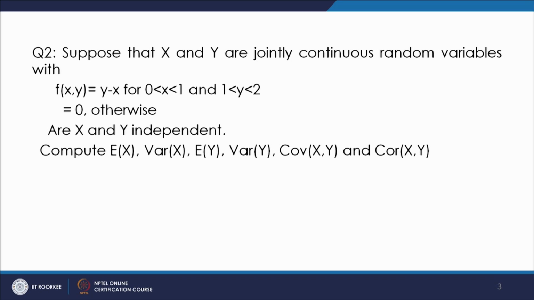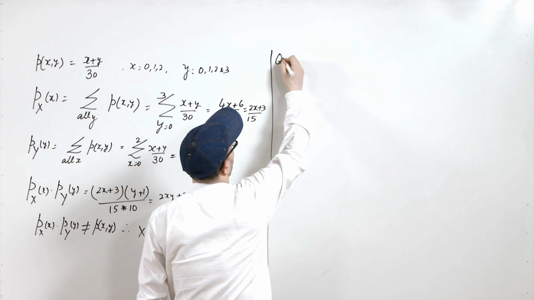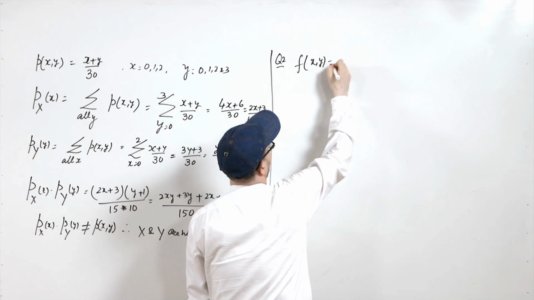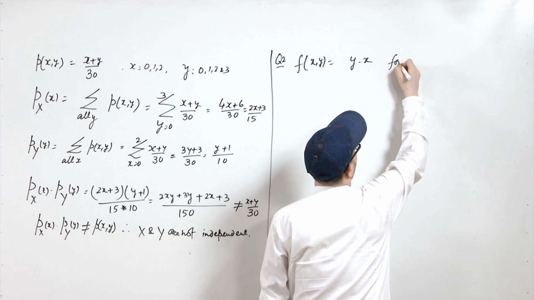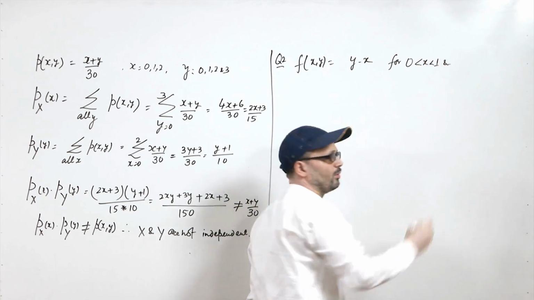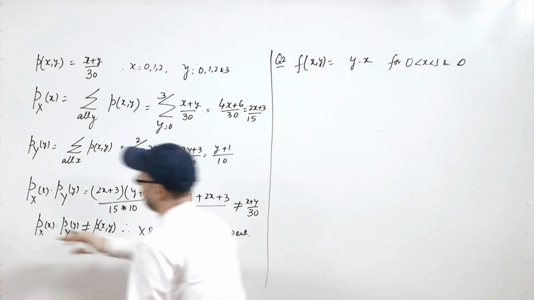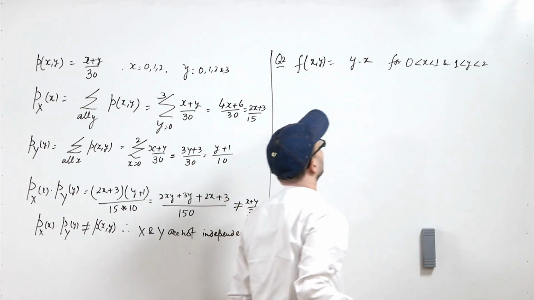We have to see whether X and Y are independent, and we have to compute E[X], variance of X, E[Y], variance of Y, covariance of X and Y, and correlation of X and Y. So these things are to be computed.